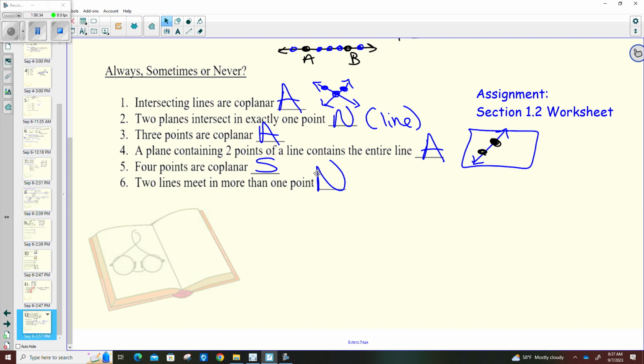Alrighty, then we have a worksheet for you today. Worksheet 1-2, you have a few minutes here, you can get a start on it. Before you get started, I want to just make sure that you understand the directions on the very first part.